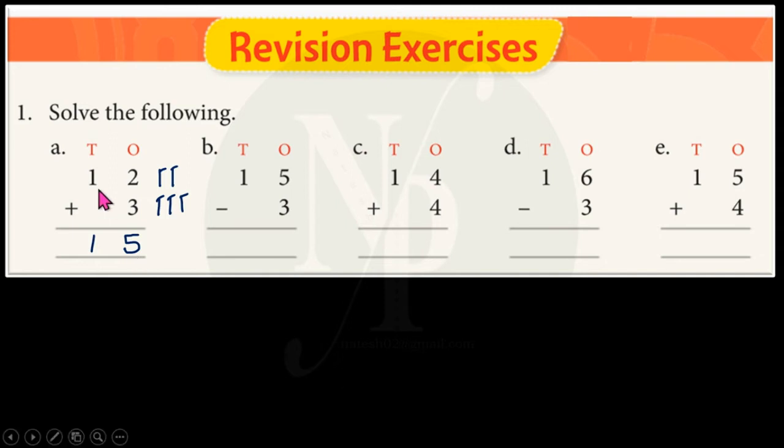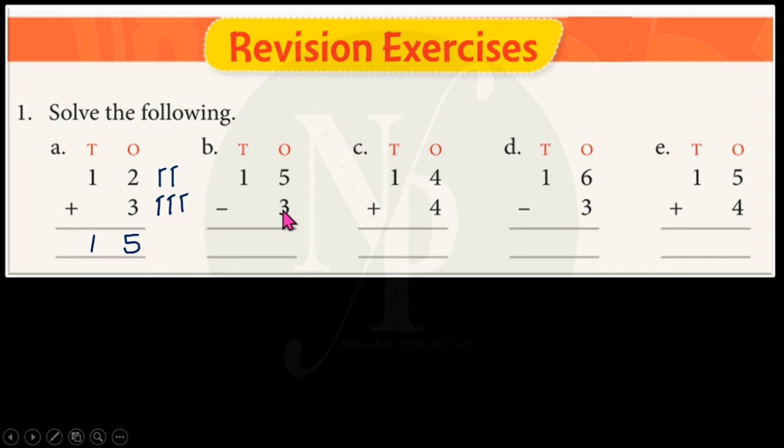So when we add 12 and 3, we get 15 as the answer, which is called the sum of 12 and 3. Now let us move to the second question, B. Here this is a subtraction problem. Since we have a minus sign here, we have to subtract 3 from 15.